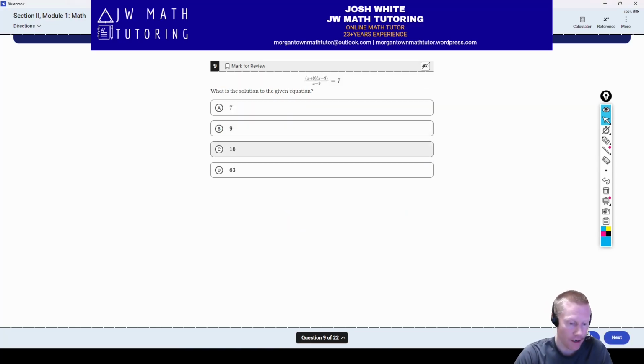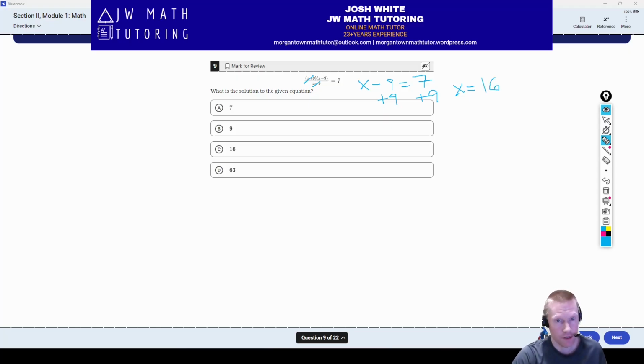Now for number 9, there are multiple ways you could solve it. If you want to do it by hand, note that the x plus 9s here technically cancel out, and then you just have the equation x minus 9 equals 7. So we just add 9 to both sides, and we get x equals 16.